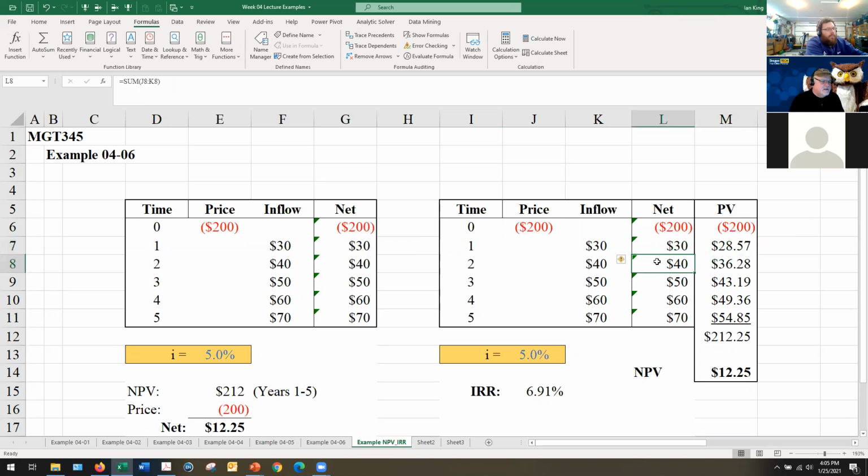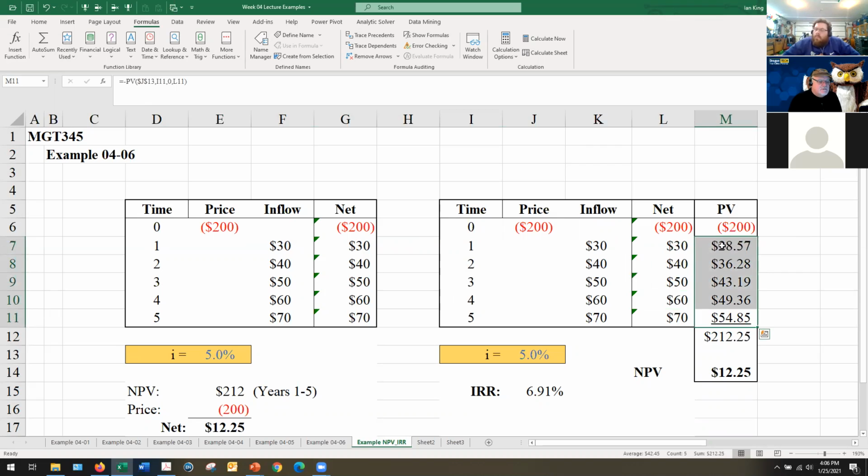Taking this $40, discounting it 2 years at 5%, which is $36.28. Taking this $50, discounting it 3 years. Each one of these is an individual present value calculation. And taking this one, likewise. Okay, I can do an individual one. Take this, discount it back 4 years because it's from period 4, which is equivalent to that.